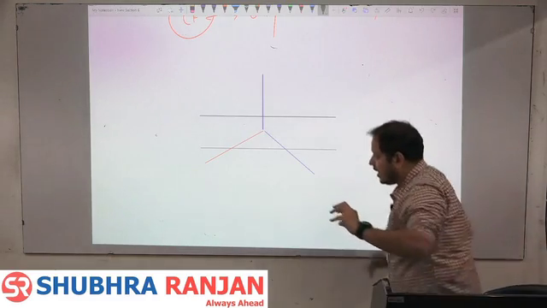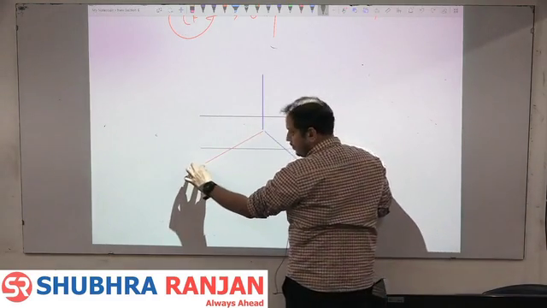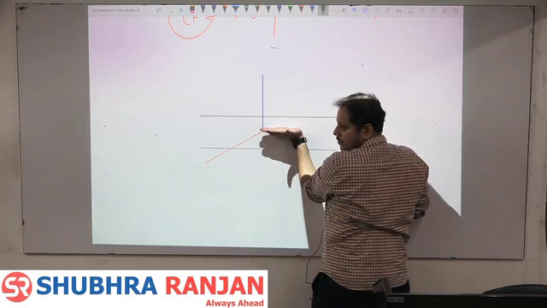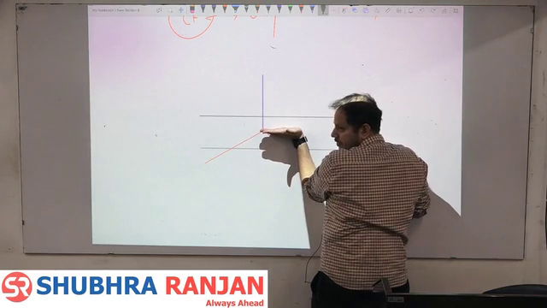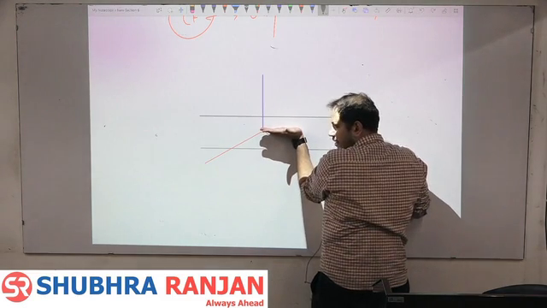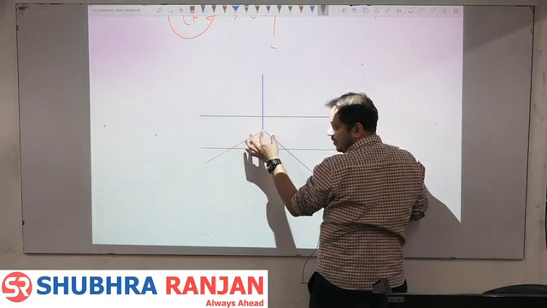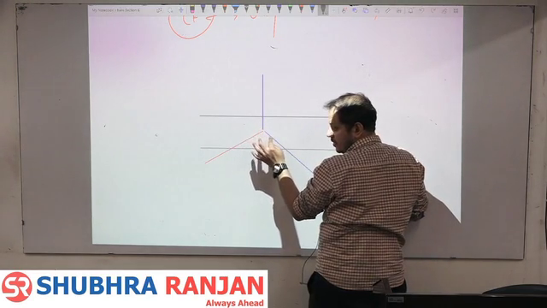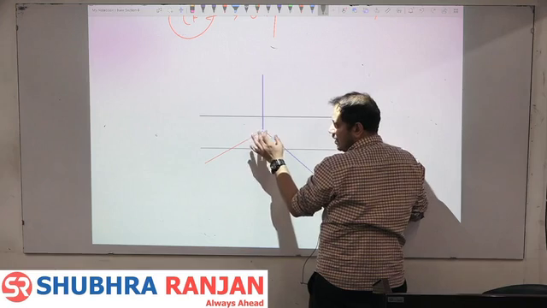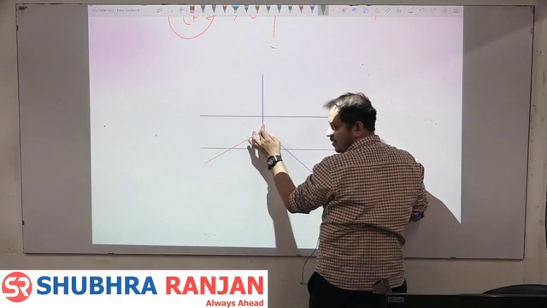Look, had there been no frictional force, Coriolis force would have acted perpendicular to the wind direction. But because of the frictional force, these two forces, Coriolis force and frictional force, become more or less perpendicular to each other, and it does not remain properly perpendicular to the pressure gradient force.